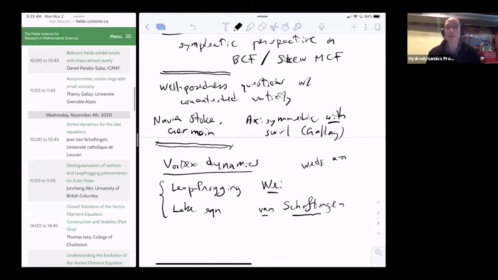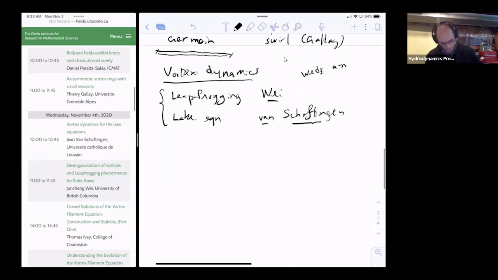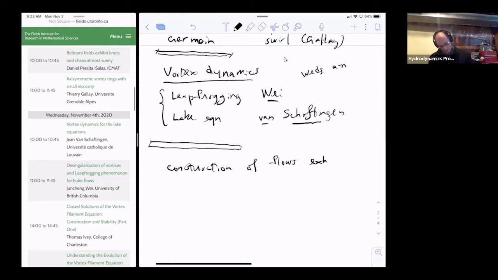Okay, so another theme that we'll see some of is a construction of flows exhibiting vortex filaments of prescribed behavior.